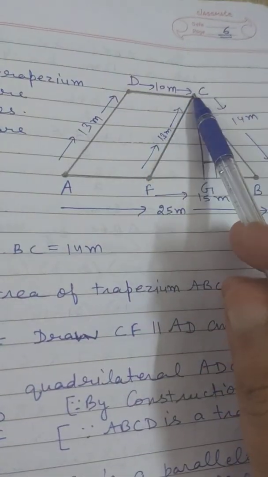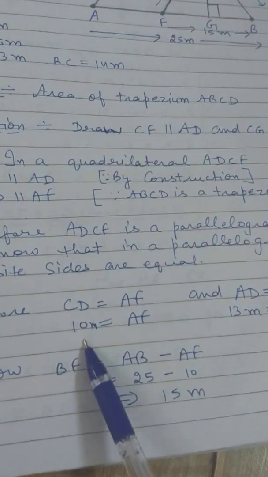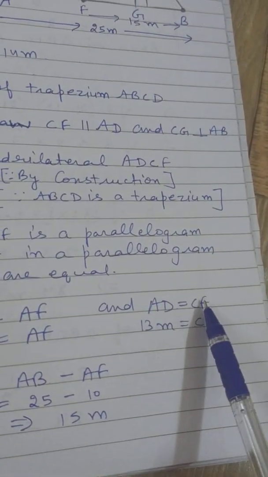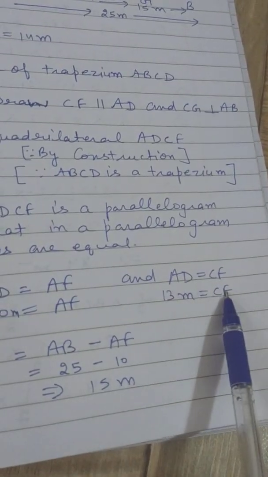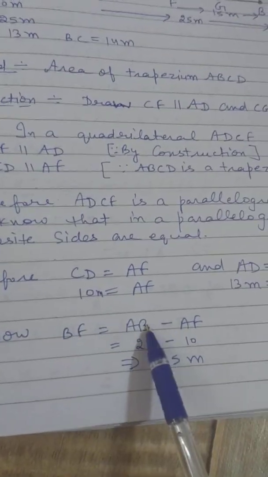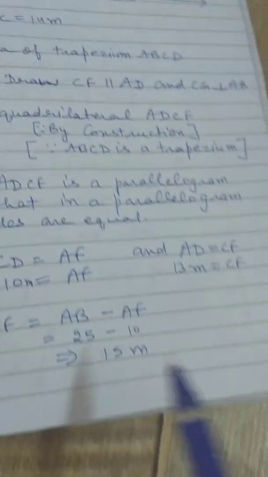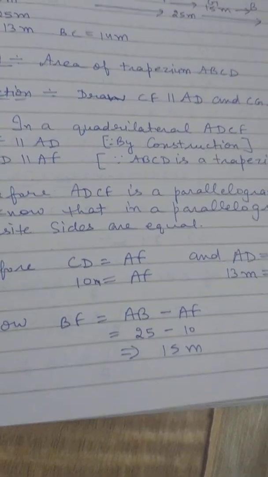Therefore, AF equal to 10 meter and AD equal to CF, so CF equal to 13 meter. Now, BF equal to AB minus AF, 25 minus 10, 15 meter. BF equal to 15 meter.